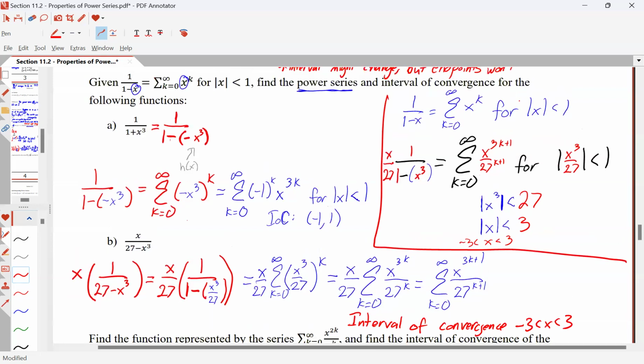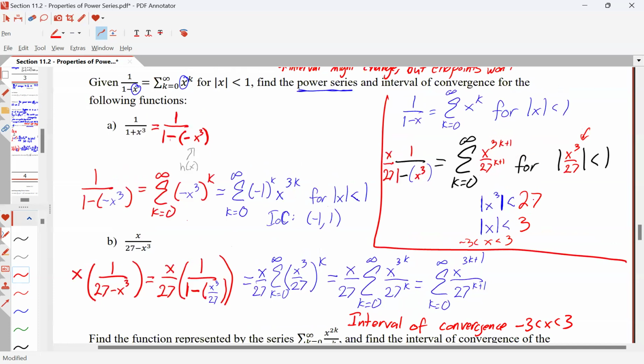So we use our old series to find the interval of convergence by plugging in whatever we put in for x into the old interval of convergence.